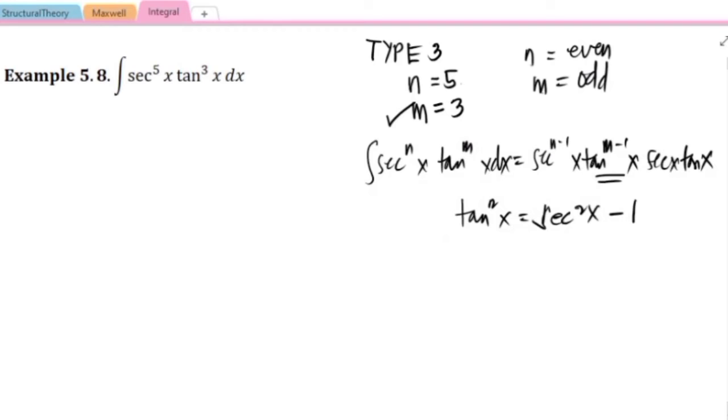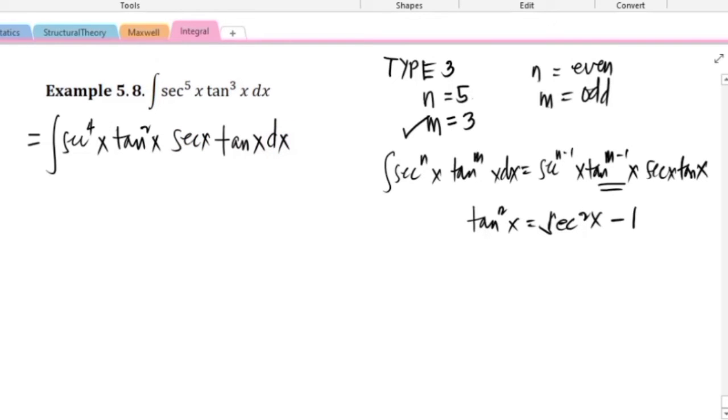So, anong mangyayari? We would have, magpa-factor out tayo ng secant. So, secant minus 1, that's secant to the 5th, so it's 4. Tangent cube, so that's square. And our secant. Now, we will express this tangent into secant square.